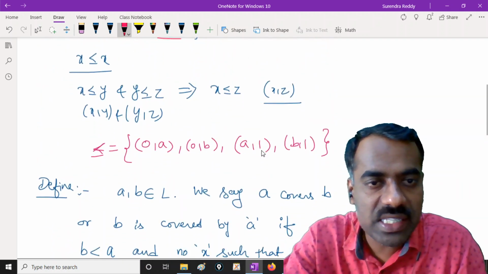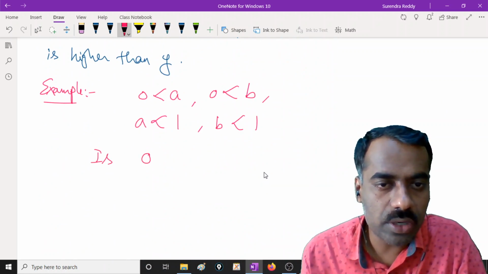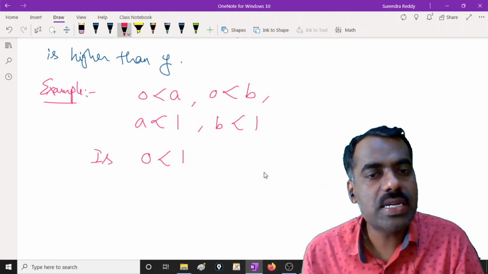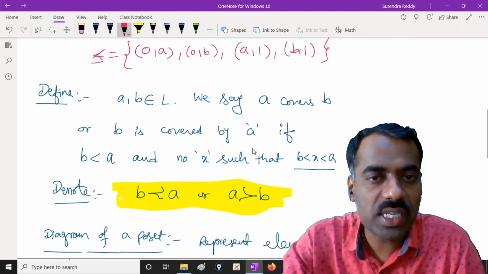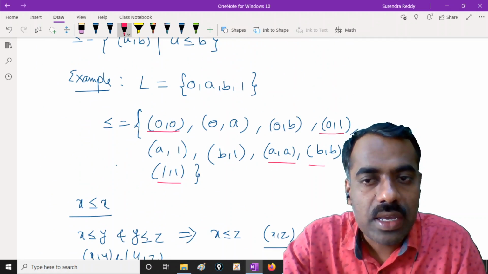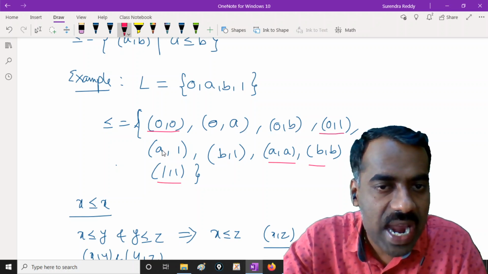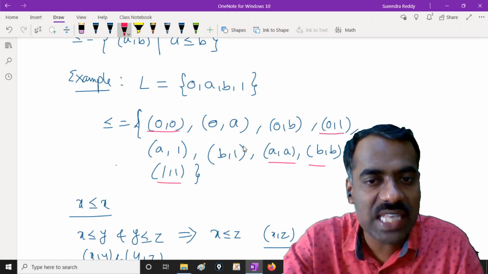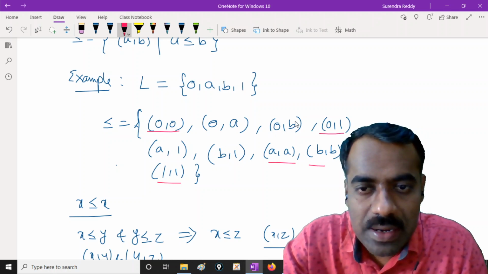For example, the question is: is 0 covered by 1? Is 0 covered by 1? This poset whatever we have, is 0 covered by 1? No, because between 0 and 1 you can see that there is a, that means between 0 and 1, a is there or not? Similarly, between 0 and 1, b is also there.